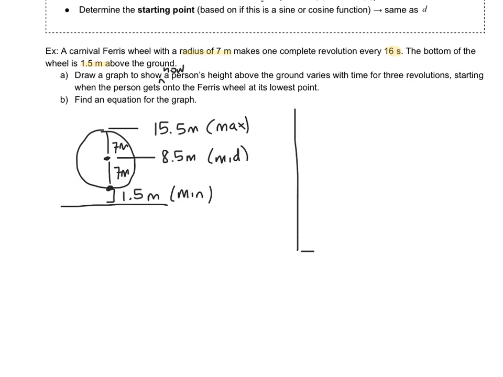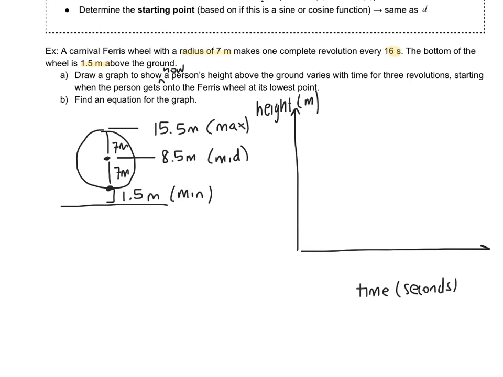So that will be our height. So I will put the height in meters, and it's important that we label our scale. And then for our x-axis, we are talking about the number of seconds. So I'll put time in seconds.